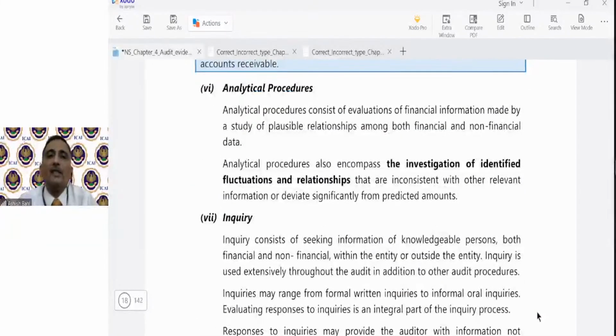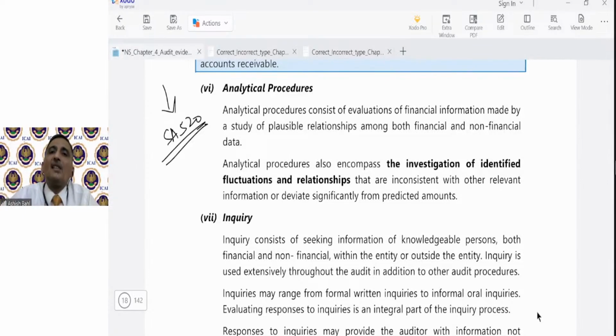So analytical procedures. Another thing is when you apply some procedures, when you analyze the information by making relationships between the financial data and non-financial data. Students, इसके बारे में एक सेपरेट एसए है, एसए 520, वो इसी चैप्टर में है जिसमें हम डिटेल में पढ़ेंगे कि एनालिटिकल प्रोसीजर्स क्या होते हैं. इसलिए फॉर द टाइम बीइंग यू कैन अंडरस्टैंड दिस मच.